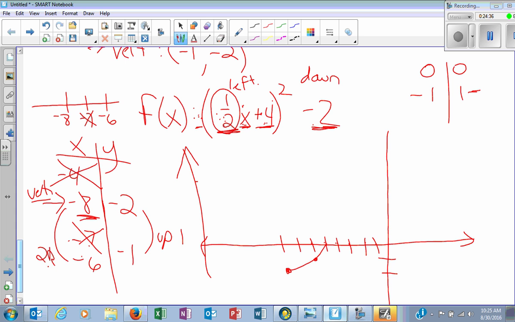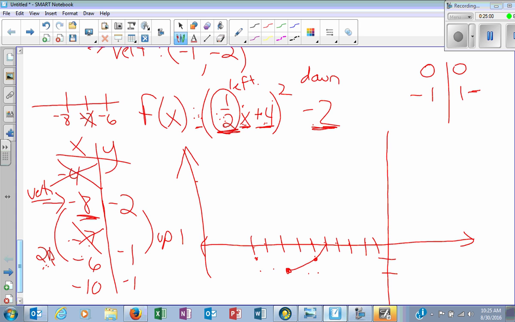How could I mirror that one? If I went 2 to the right, I could go now not to the right, but 2 to the left. So I'd be at negative not 8, but 9, 10. There you see, -10. And what would be my y output for that? Over 2 up 1, over 2 up 1.